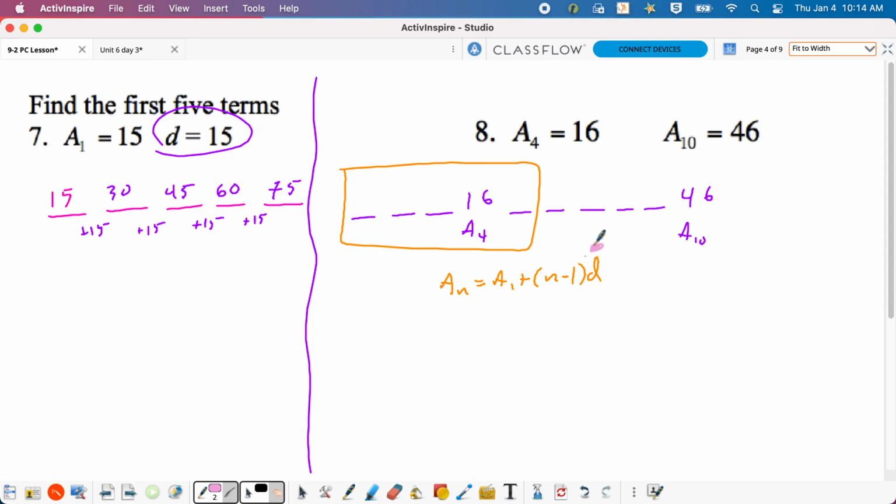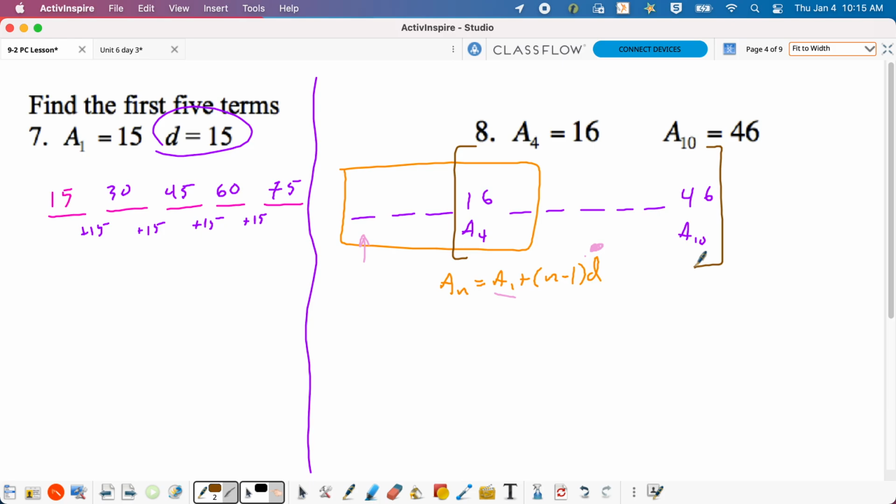I need to find the d value. All right, so that means I need the first term, the number of terms, and the nth term, the last term. I don't have the first term. So what we can do to be able to find the first term is we're going to shorten our list. Instead of looking at all of it, I'm only going to look at these pieces. I'm going to ignore the first 3 for now.